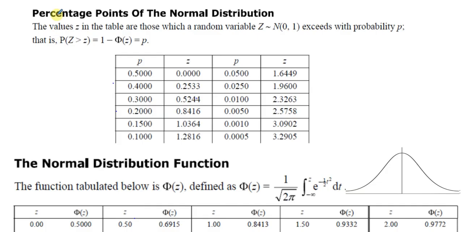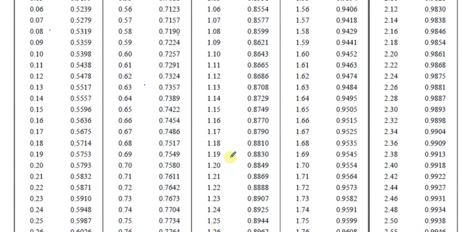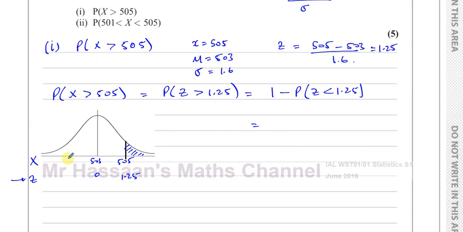So if we go to the table and look for z equals 1.25, we can see that it's over here, and we get 0.8944. So if we take that value, 0.8944, you have 1 minus 0.8944. This is what that value we found in the table is.